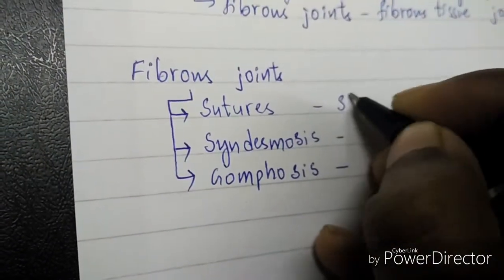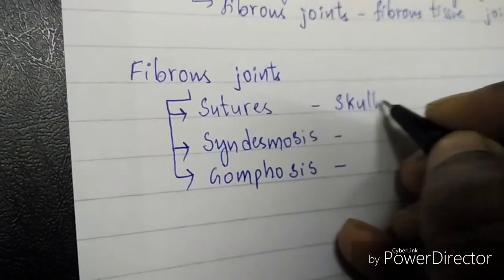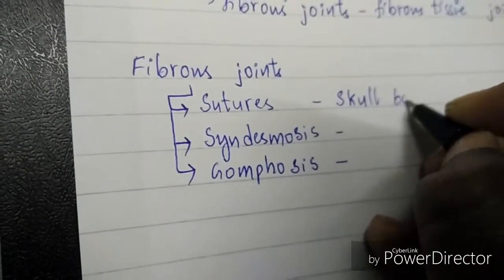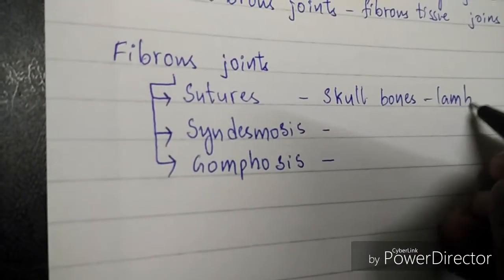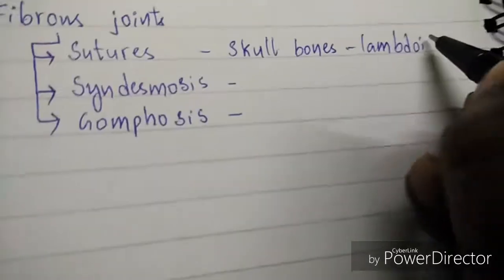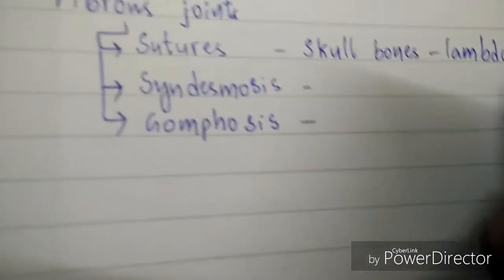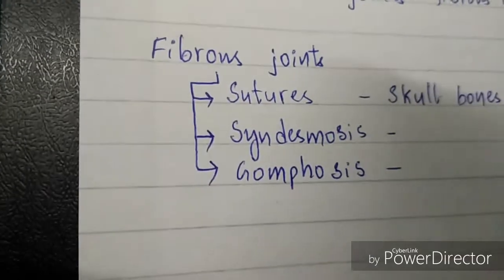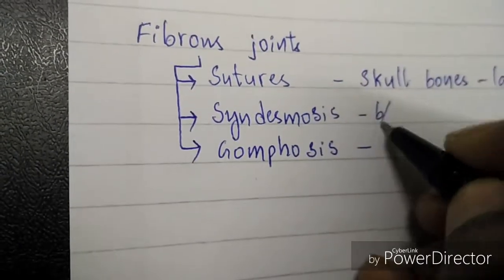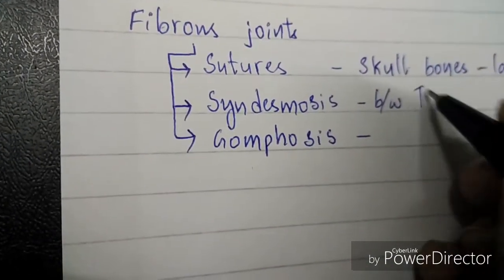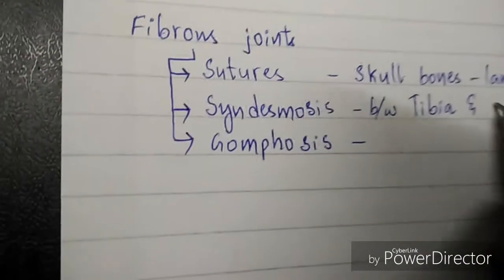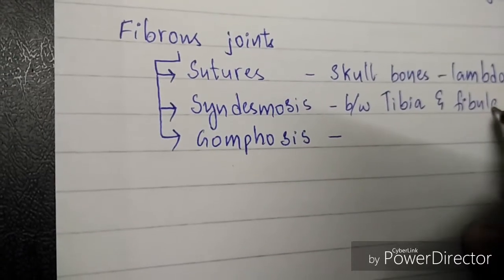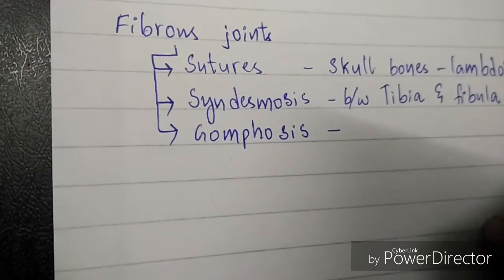Examples of sutures are found between skull bones, for example, the lambdoid suture. And syndesmosis: syndesmosis is between the tibia and fibula in the ankle joint.